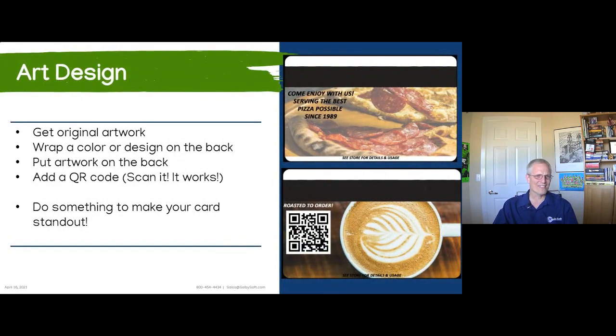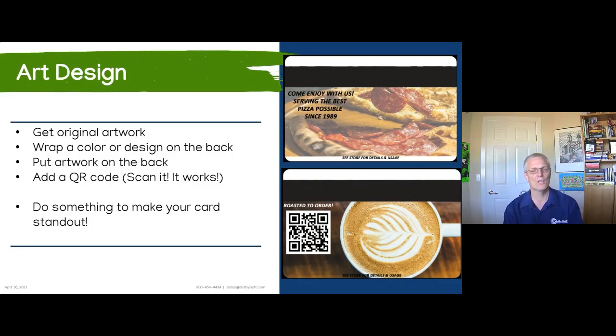I always like to end this with art design. When we talk about plastic cards, do something on the back. In these cases, wrap an image around the back. Hopefully do a better job than I did in this quick Photoshop there. Put artwork there. Add a QR code that you can scan and do things with, right?